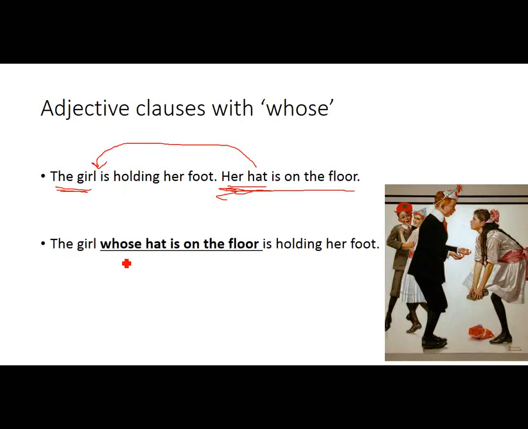The girl, whose hat is on the floor, is holding her foot. So I have the girl, and the verb is holding. The adjective clause goes next to the girl, and her, we replace that with whose.